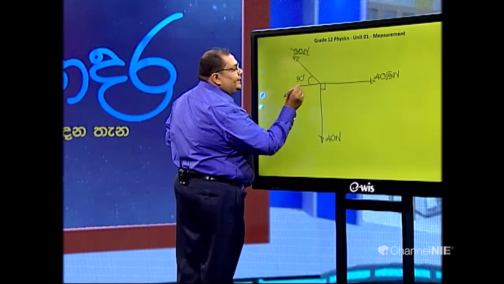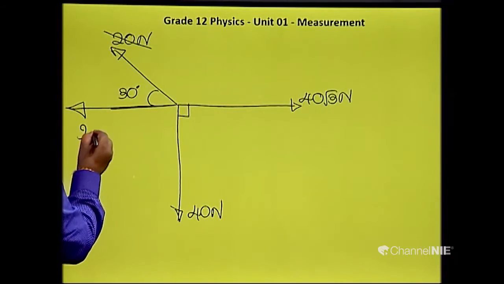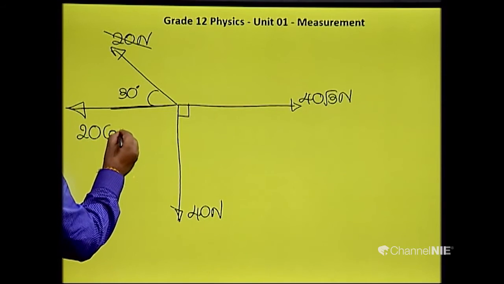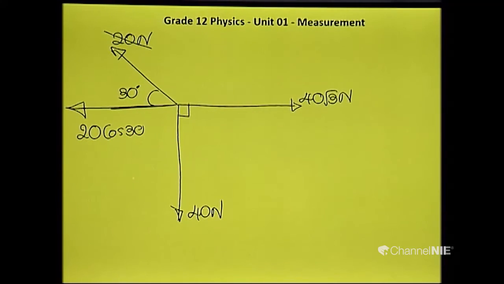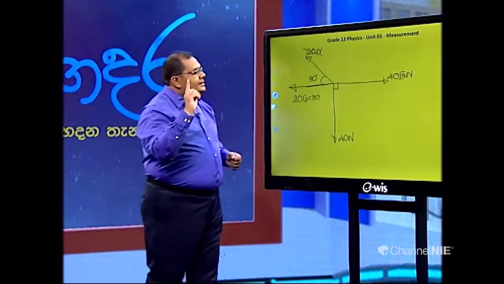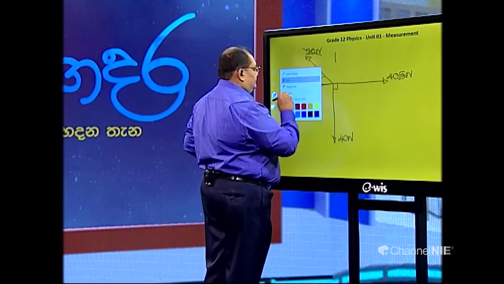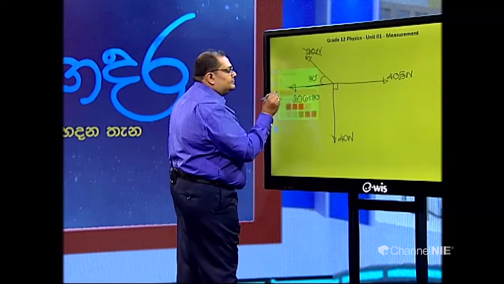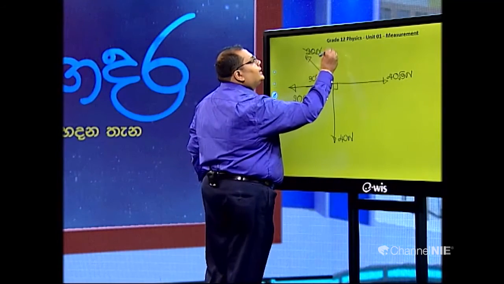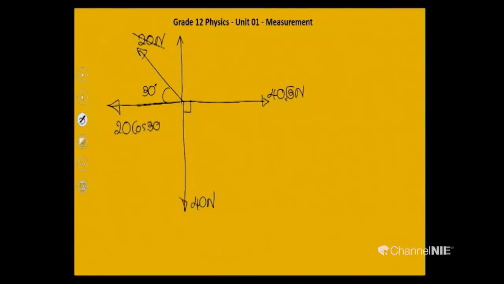Then this component I can write as 20 cos 30, the horizontal component. Vertical component, 20 sin 30. You can draw the vertical component here: 20 cos 30, next one 20 sin 30.